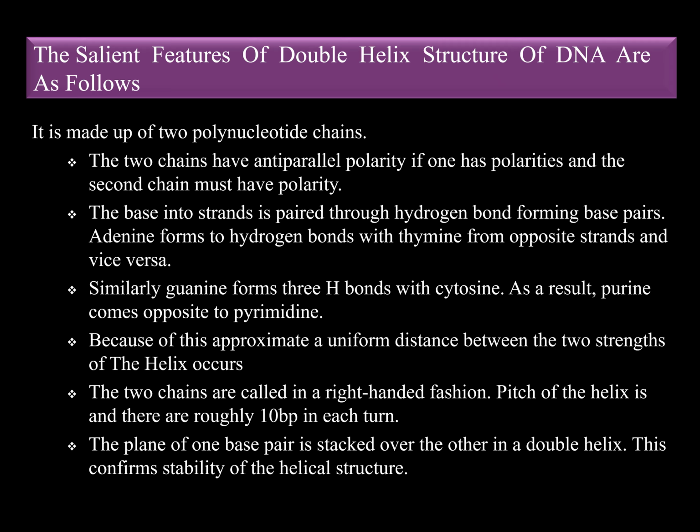Now we learn the main features of the double helix structure. DNA is made of two polynucleotide chains. These two chains run in opposite directions, which is called antiparallel arrangement. The bases present in the two strands pair with each other by hydrogen bonding.